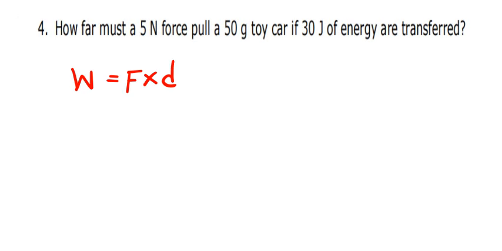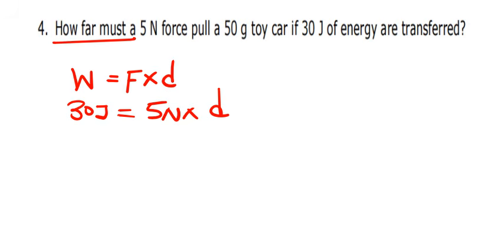There is no aspect of an angle in this case. We've been given 30 joules of energy. So that would be 30 joules is equal to, what about the force? We've been given, of course, 5 newtons. What about the distance? That is the one that we are trying to find.